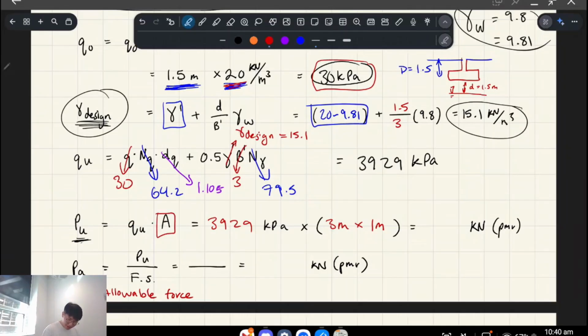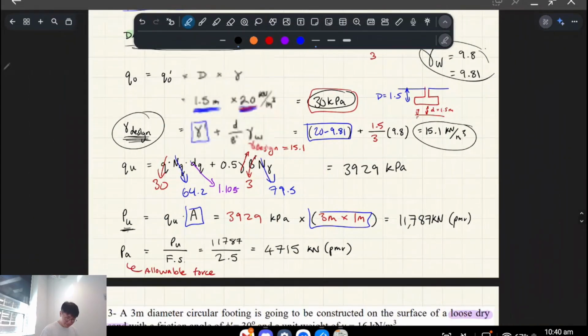So the area was 3 times 1 meter. That gives us 11,000 basically kilonewtons per meter run. And we put that in here, and our factor of safety was 2.5 in this question. So this gives us an allowable force of 4,715.